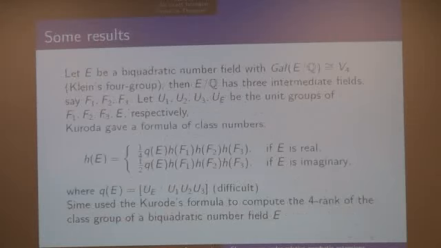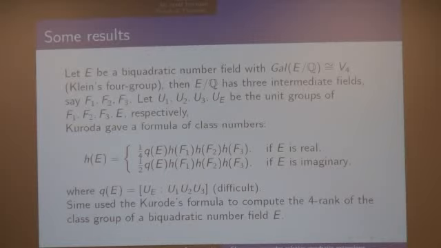We know about the class group. We know the result that if E is a biquadratic field whose class group is the Klein four-group, then E over Q has three intermediate fields F1, F2, F3. U1, U2, U3, U_E are the unit groups of F1, F2, F3, E respectively.